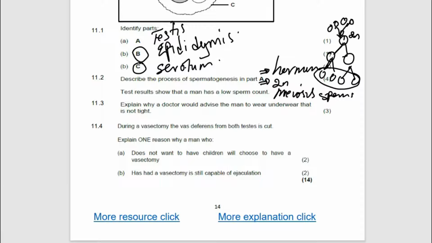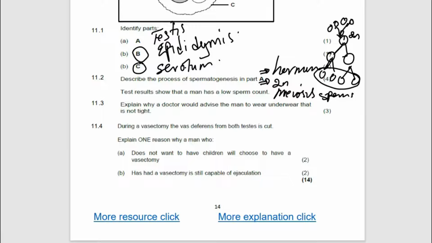So we need to know the hormone. We need to know what will undergo meiosis, that is the diploid cells, 2N at the beginning. Where is it found? In the seminiferous tube. Which process is it? Meiosis. And what will they form? The sperms. That's what we want in this regard. If they ask you to explain spermatogenesis, it is the same story when you go to oogenesis.